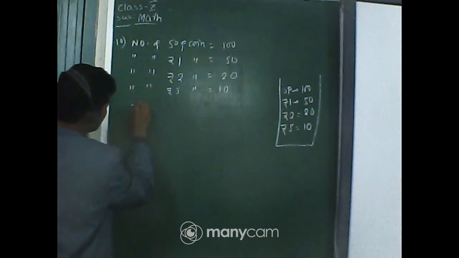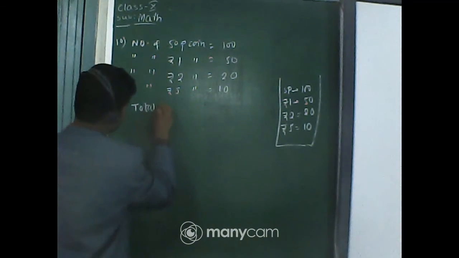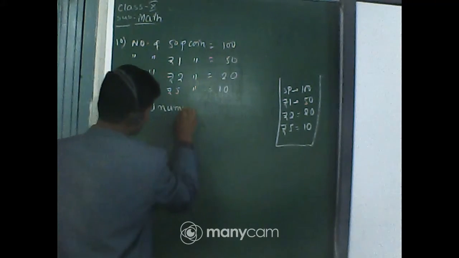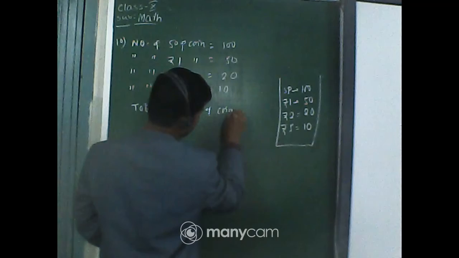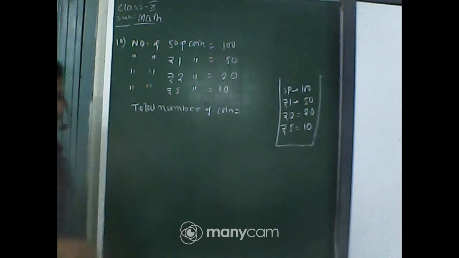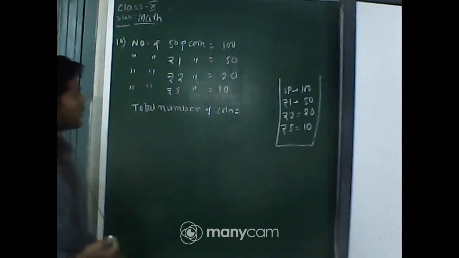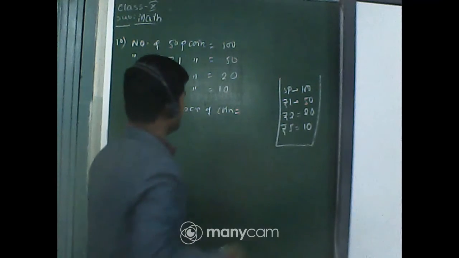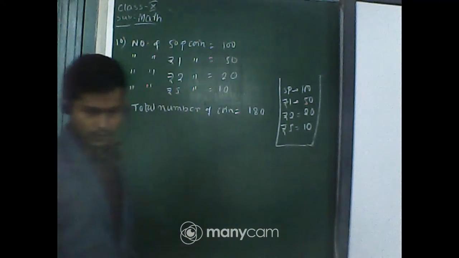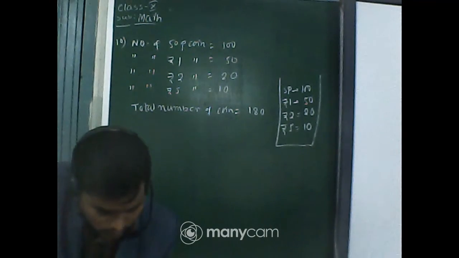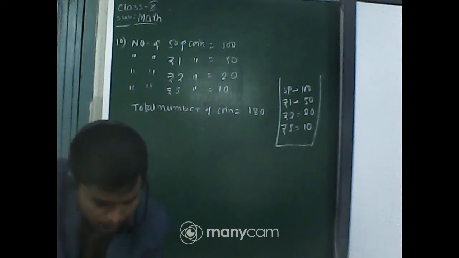Now find the total number of coin. Add them. So total number of coin is 180. Yes, total number of coin is 180. Now the first question is, it will be 50 paisa coin.